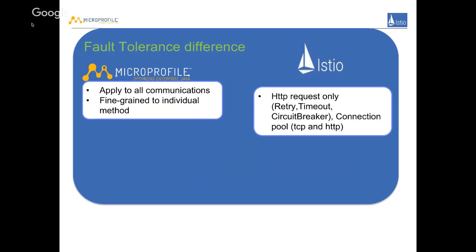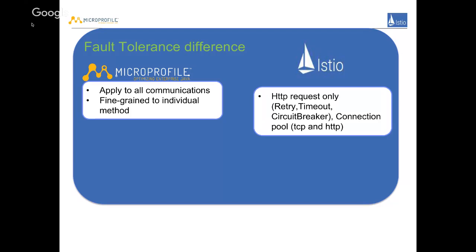This is what I said earlier. The other thing is that MicroProfile fault tolerance is inside the application, so it is irrelevant to what kind of communication channel you go through. It applies this fault tolerance capability to HTTP or HTTPS.